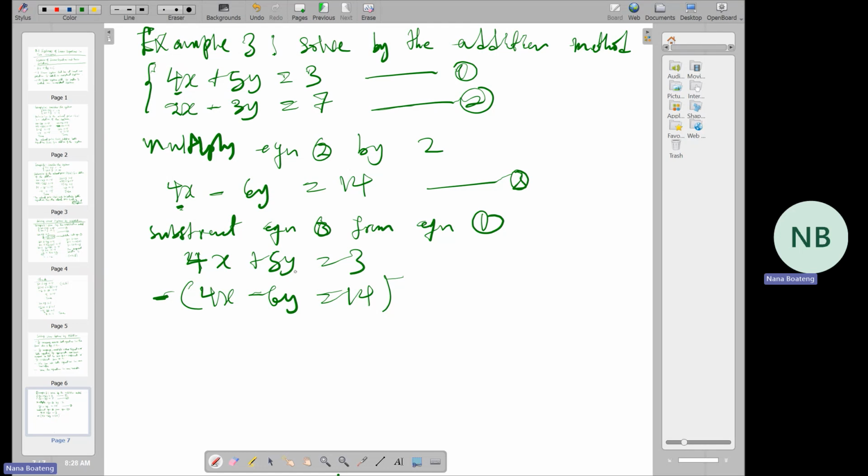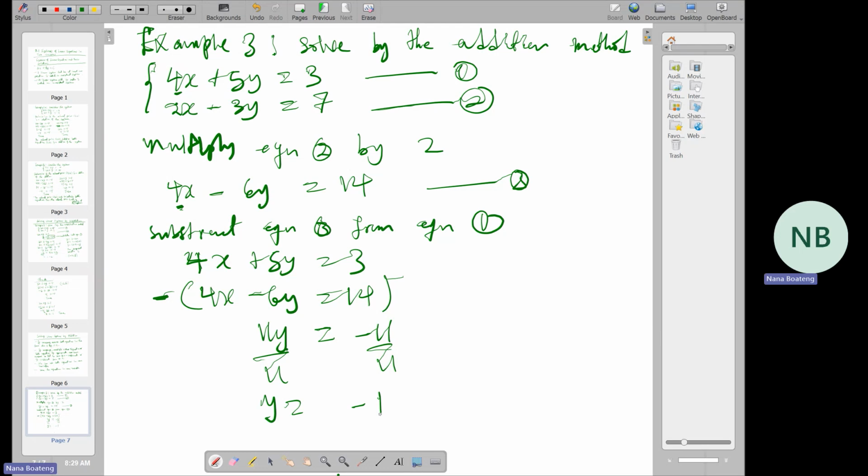We have 5y minus negative 6y, so we have 11y, and this equals 3 minus 14, which gives us negative 11. We can divide both sides by 11, and so y is equal to negative 1.